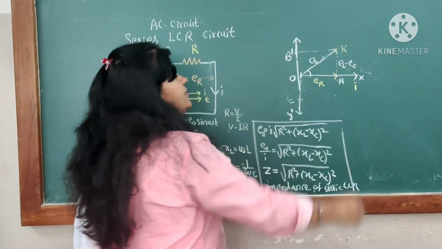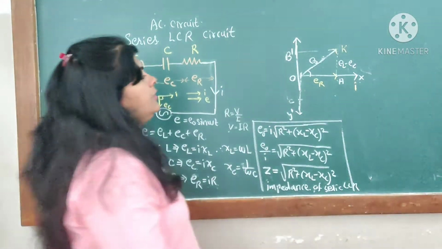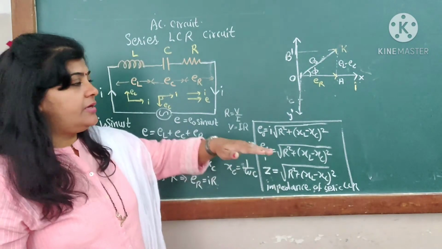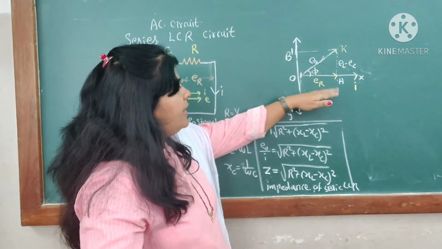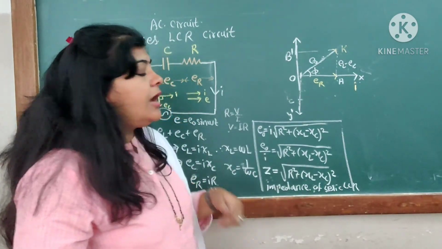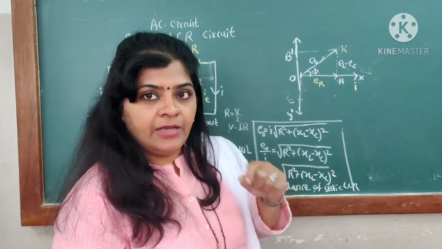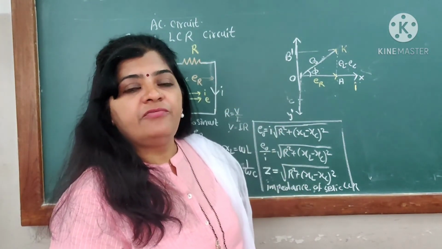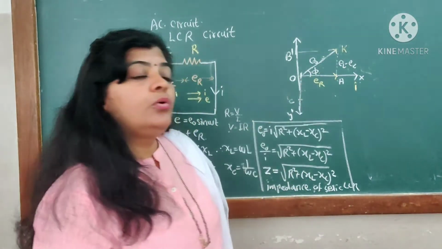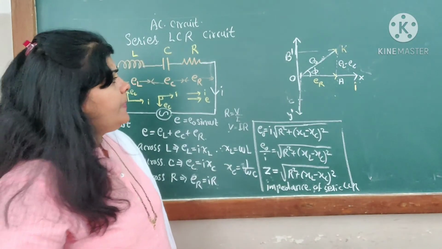If this E naught makes the angle phi with the horizontal, the EMF leads the current by phase angle phi. We are interested in this phase angle. What is the angle between them? This is the phase angle, and how do we write the formula for it?